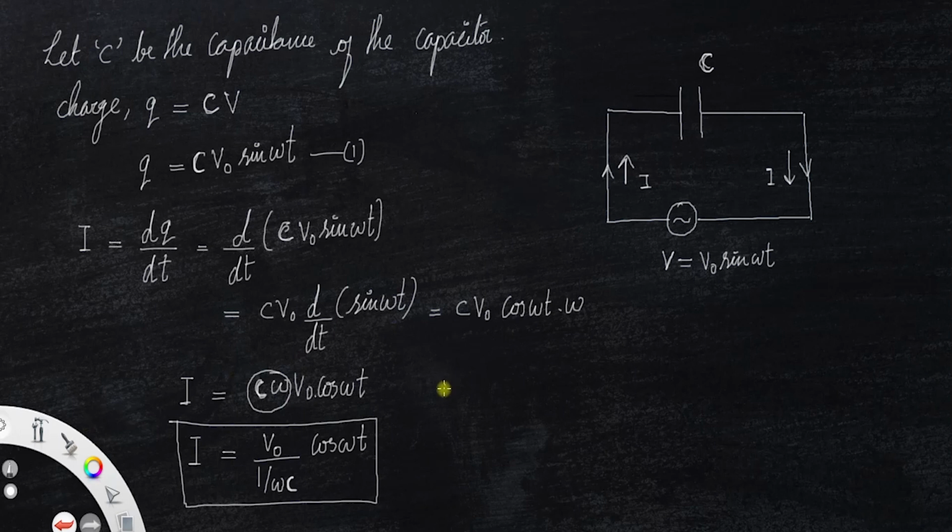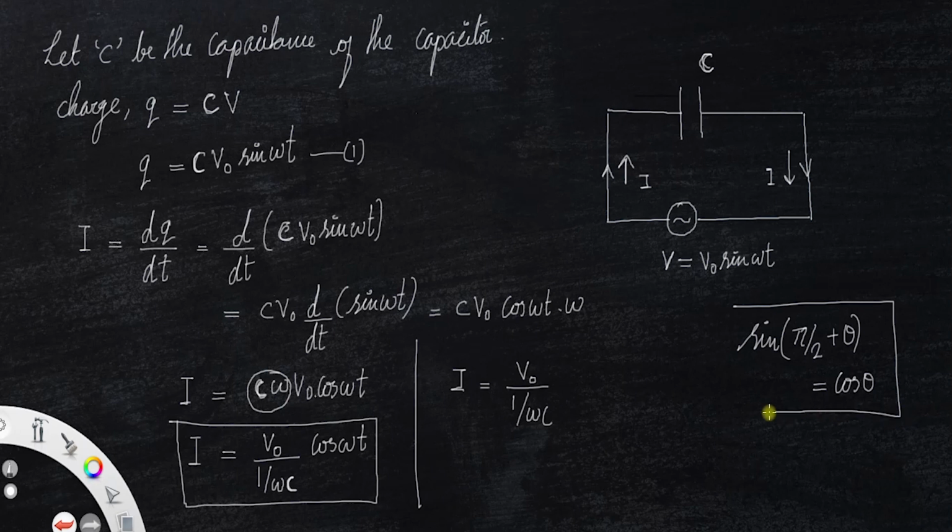Again, you can simplify: I is equal to V0 divided by 1 divided by omega C, and we have sine of 90 plus theta, that is 90 in radian, pi by 2 plus theta, is equal to cos theta. Sine 90 plus theta is cos theta.